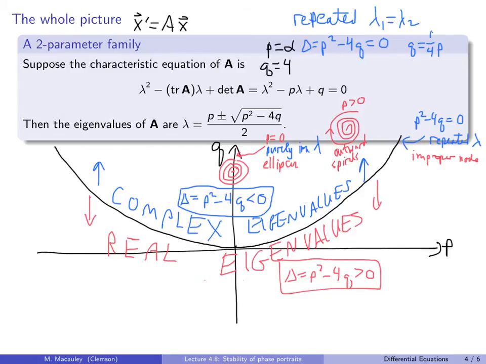And then over on the left-hand side of the q-axis, we have p less than 0 because we're over in this range. So we're going to have inward spirals. So let's draw that this way. And so we have p less than 0, and so we have inward spirals.